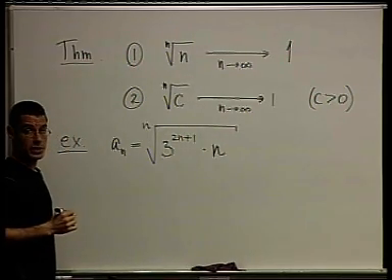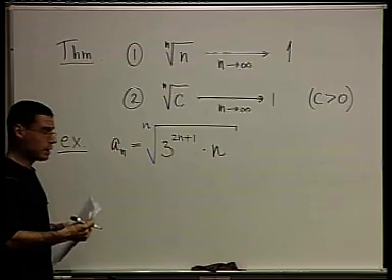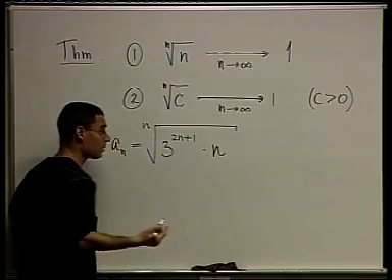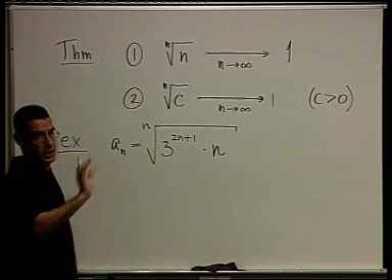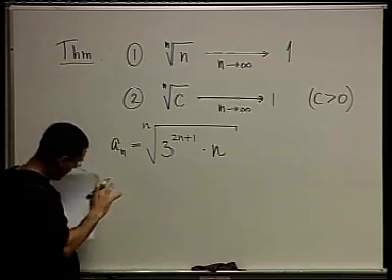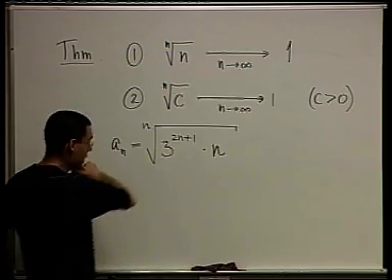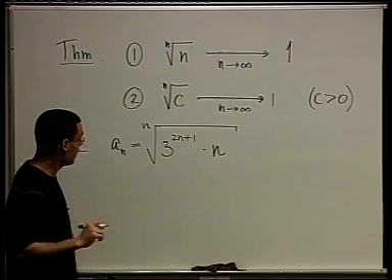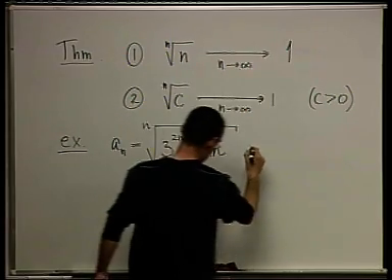What's the limit of this thing? And remember, when you have n's all over the place, I see three of them here, you can't just do them one at a time. You have to somehow handle this at once. The arrow n goes to infinity can only appear once. So what do you do with something like this?